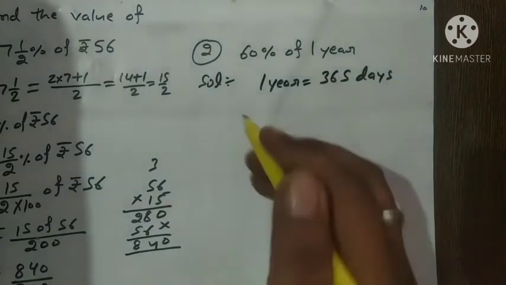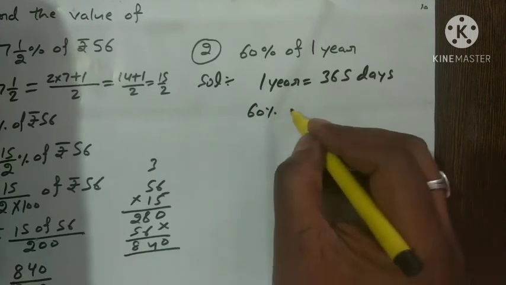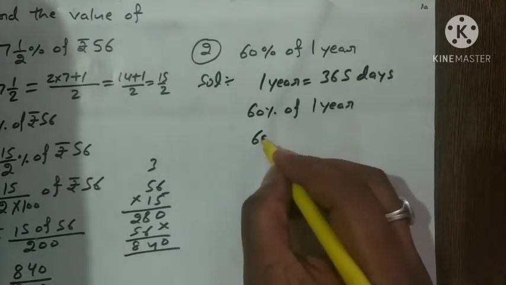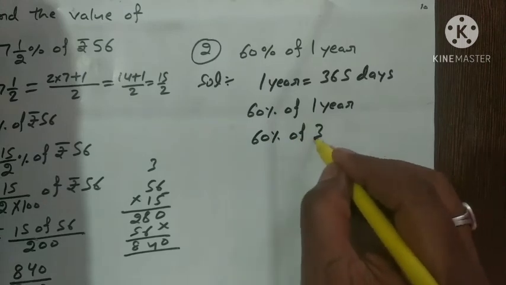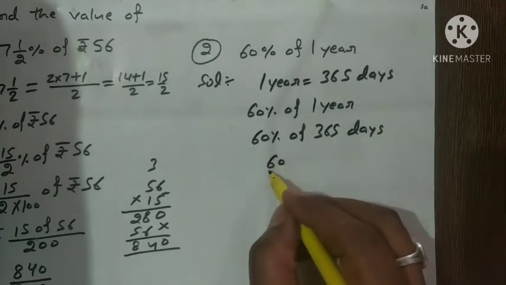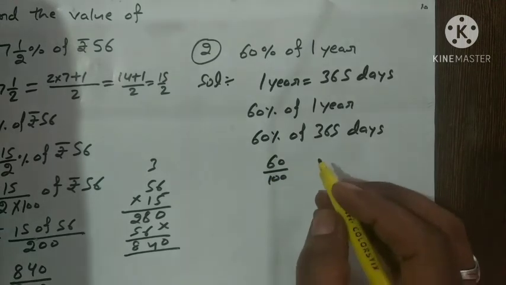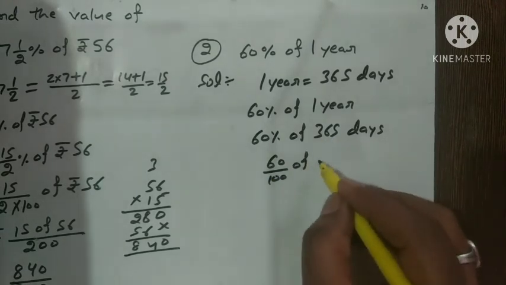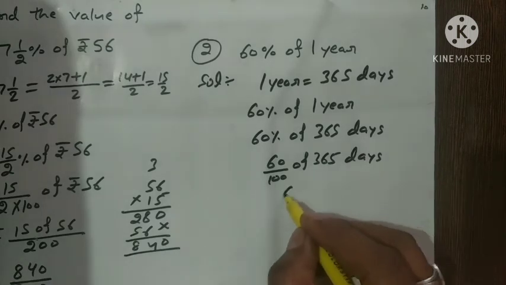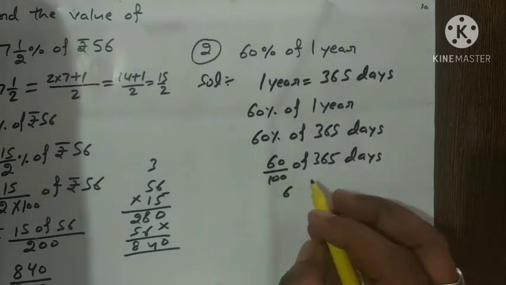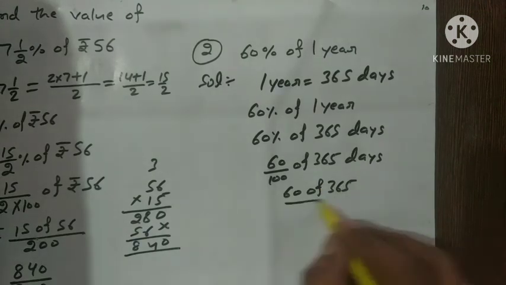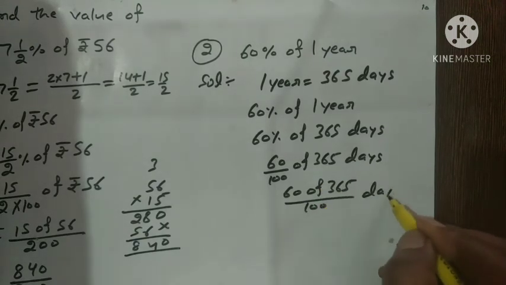Right? Now 60% of 1 year, that is 60% of 365 days. It means 60 over 100 of 365 days. Now you see, 60 of 365 over 100 days.